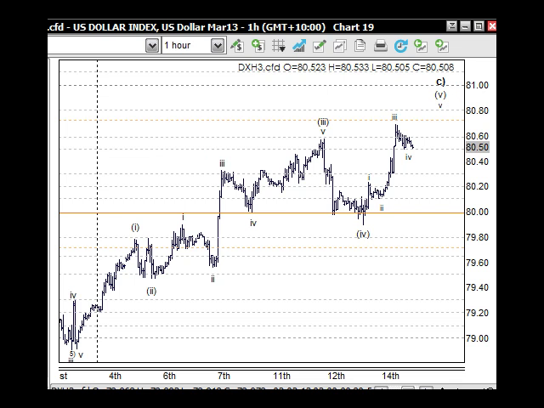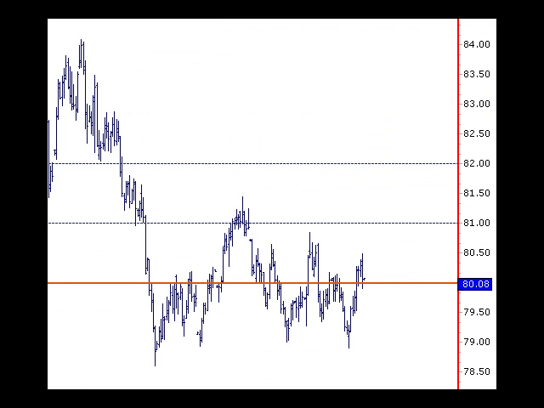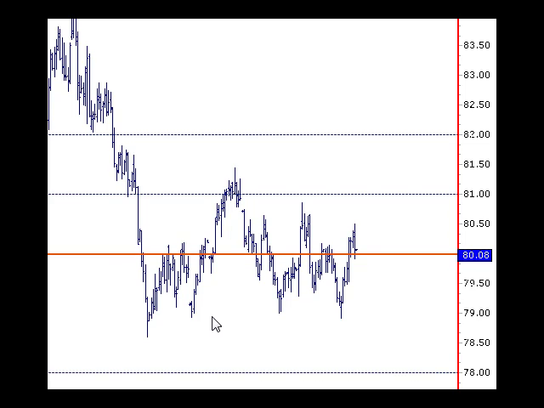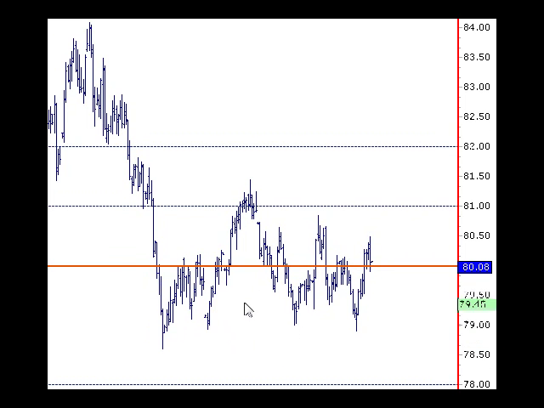So in the bigger picture on the daily, I'll just go to the trading levels charting program because it's a little bit easier here. It's got the continuation data here. On the daily chart, we know that this is corrective because we've got this 3-wave structure here.